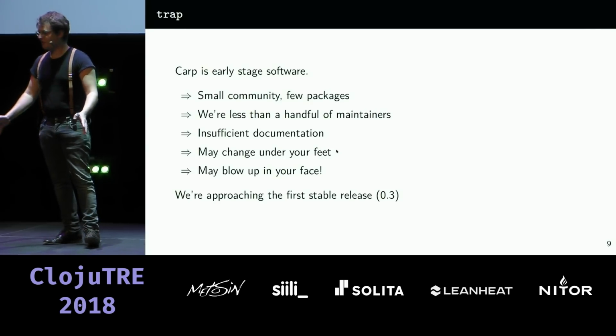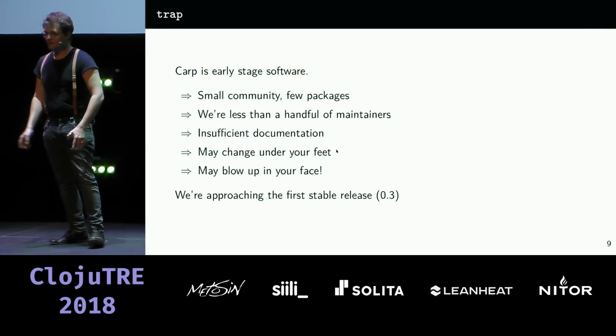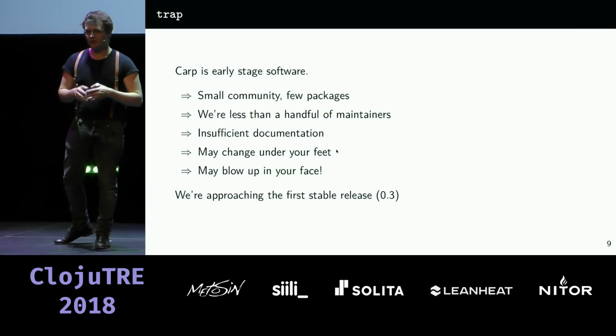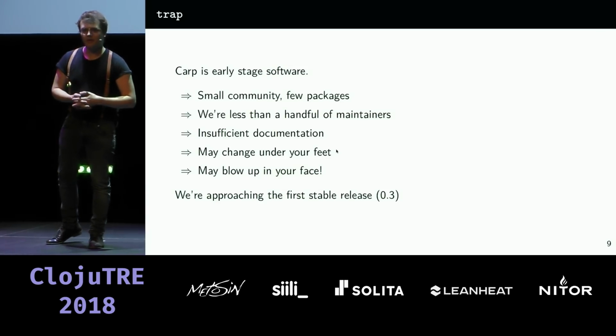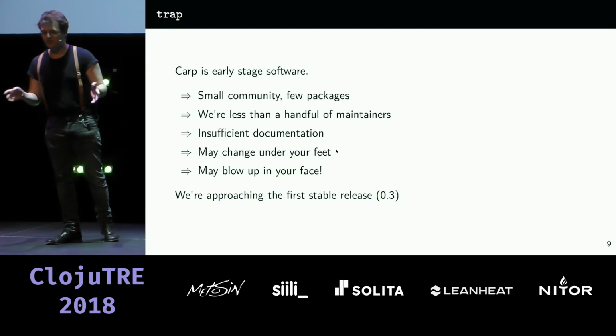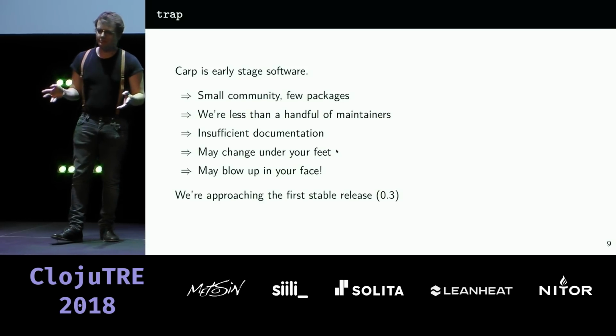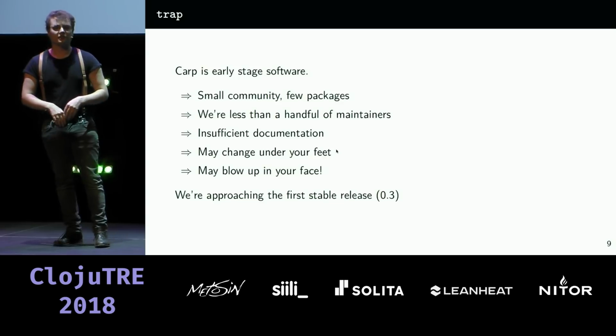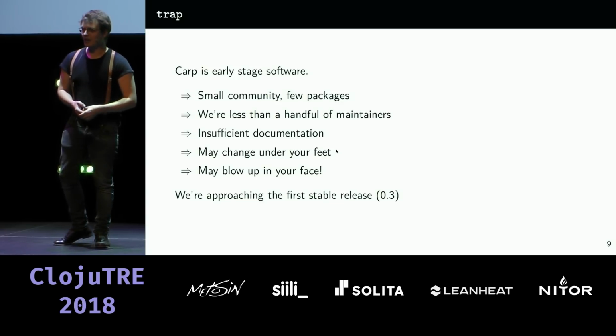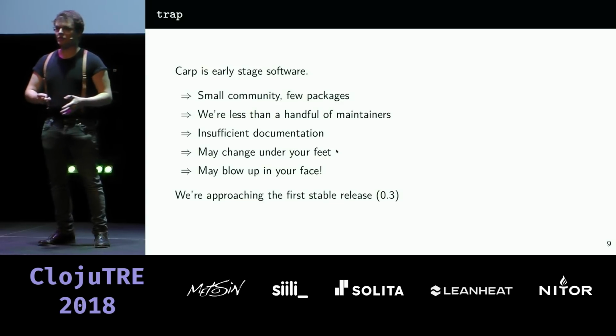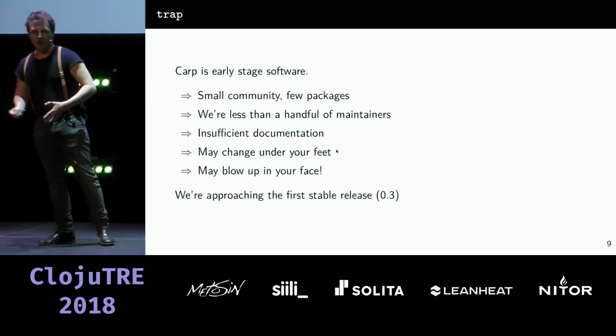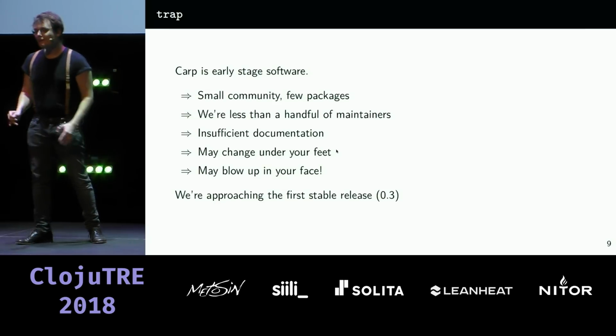It may change under your feet, and it may blow up in your face, especially now because we're fixing up the first stable release, 0.3, where there's a lot of stuff coming in, a lot of stuff being changed, and right now is not a good time to start your startup on Carp.